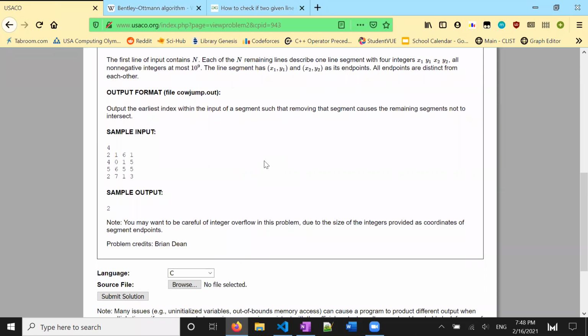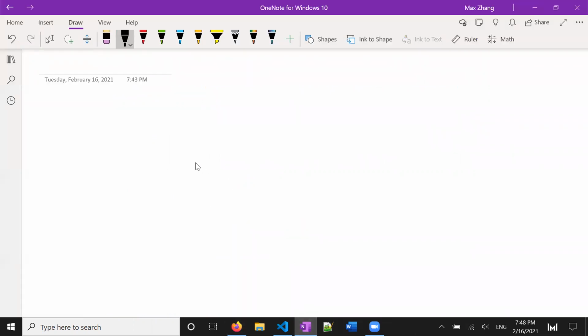So let's go ahead and do this sample input here. I'm going to draw something. We have the first segment at x equal to 2, y equals 1, and it goes to 6, 1. I'm roughly eyeballing here, so these are not exact coordinates, but hopefully they are roughly in the right place.